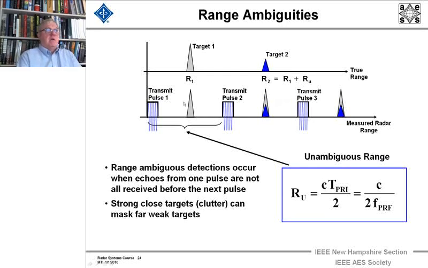We'll talk later about it. If the sensitivity falls off as 1 over R to the fourth, the smaller target in blue could be masked by a near-in clutter that's at the same ambiguous range.